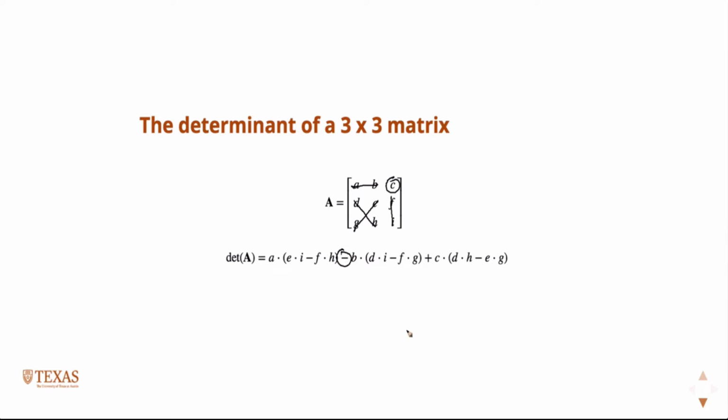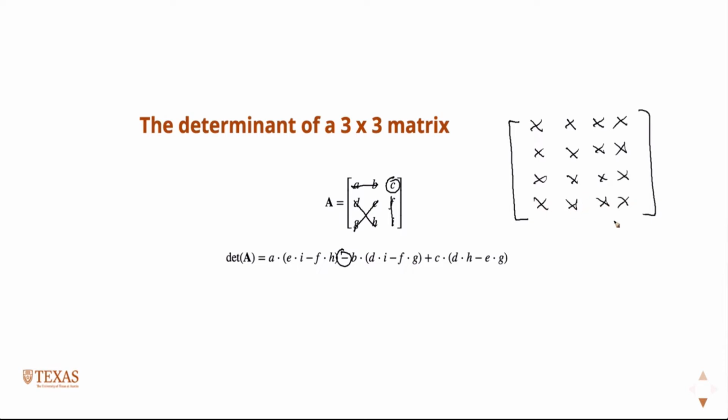And that generalizes if I had a bigger matrix, like a 4 by 4. I wouldn't recommend ever taking the determinant of anything bigger than a 3 by 3 by hand. Use the computer, but you could do the same thing. So for a 4 by 4, you take this guy times, you cross the row and column out, and then figure out what the determinant of that guy is.